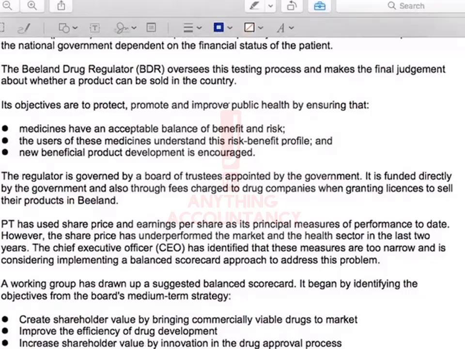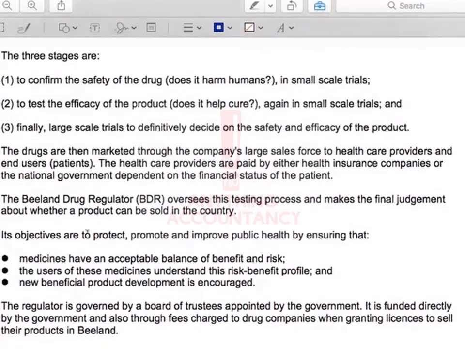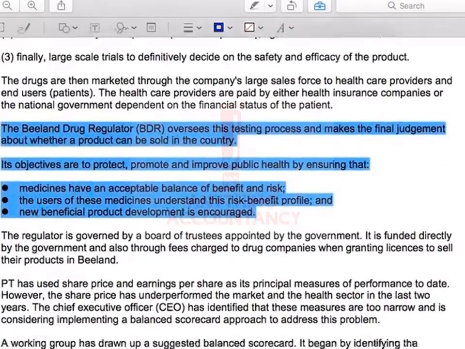This one is also objective. Got two sets of objectives. Medium and long-term objective. Overall objective and long-term objective. Sorry, this one is not the objective of this one. This is the objective of BDR. So you have to highlight this separately. Keep it separate. Okay.